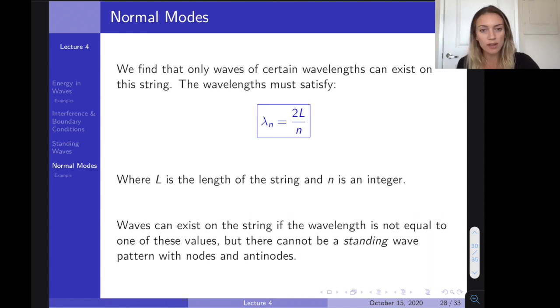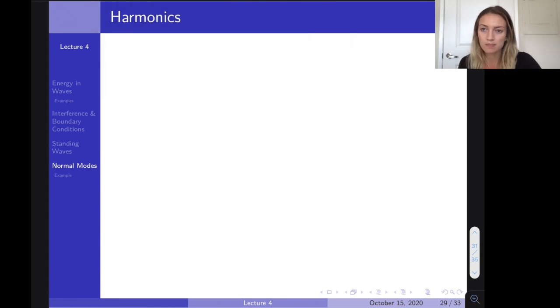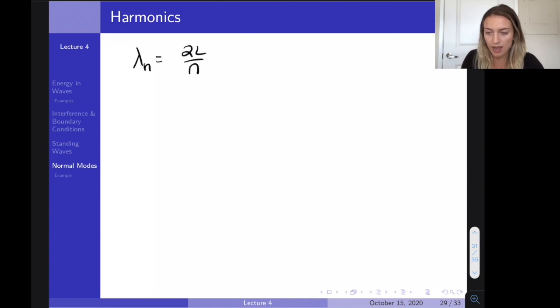So let's take this equation and turn it into a formula for frequency. So we had lambda n is equal to 2L over n. And then remember that the velocity and the frequency are related. So the velocity is equal to the frequency times the wavelength. So I'm going to replace the wavelength with the velocity over the frequency.